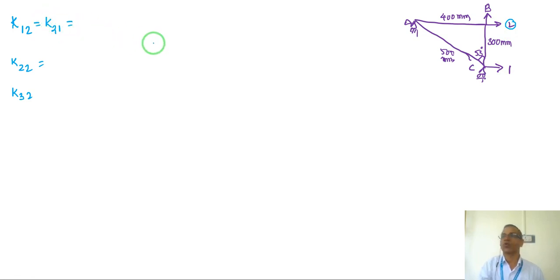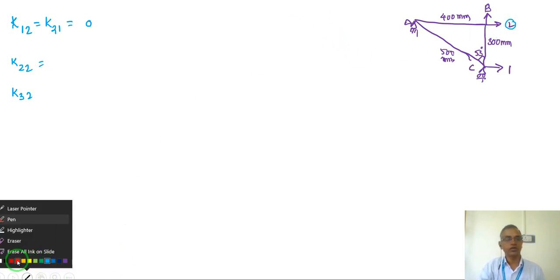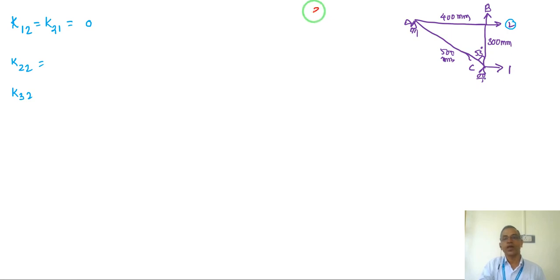So we already worked out K21, which we got as 0 there. Now K22. So 2 2. Remember again, I will write the guideline criteria. If it is only x direction, cos square theta. If it is only in y direction, sin square theta. If the coordinate has one x, another y, sin theta cos theta. This is very important. These are the guidelines.